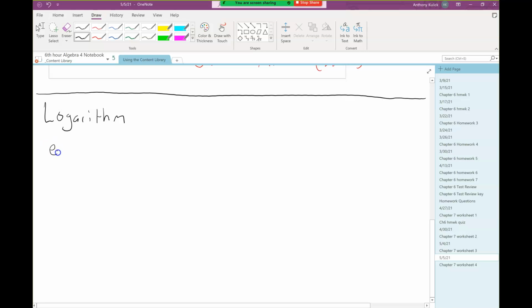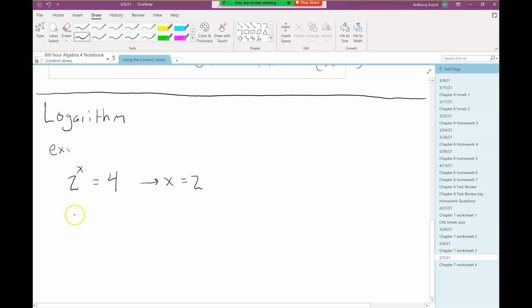So we're going to be kind of building up to that idea today. So let's say we have the equation 2 to the x is equal to 4. What's my value for x got to be here? Two, right? Because 2 squared is equal to 4.